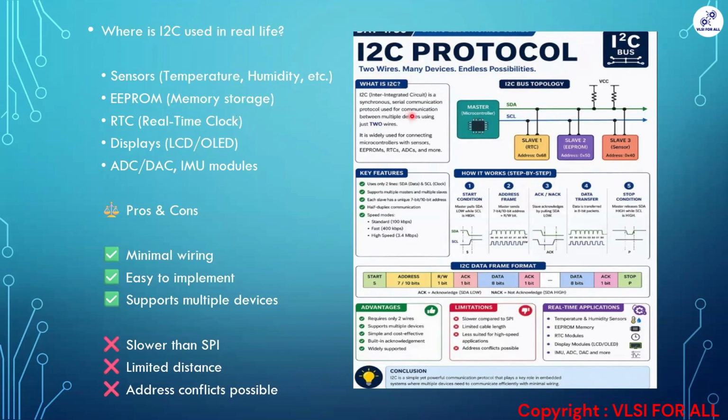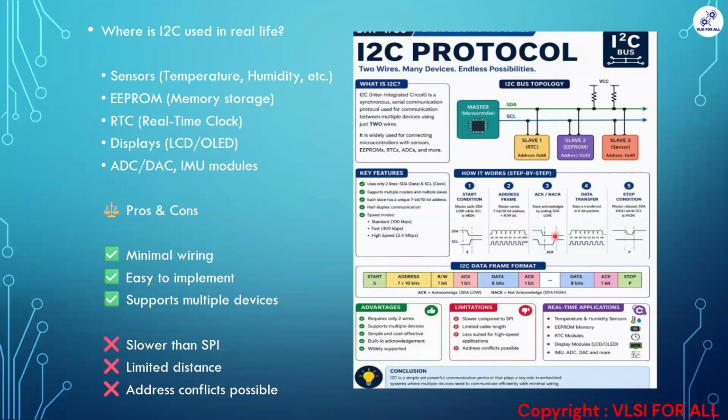If you see this image, you have the SDA and SCL lines, and based on that we connect these multiple slaves. In the start condition, SDA goes from high to low. Then you have a 10-bit or 7-bit address plus a read or write bit.